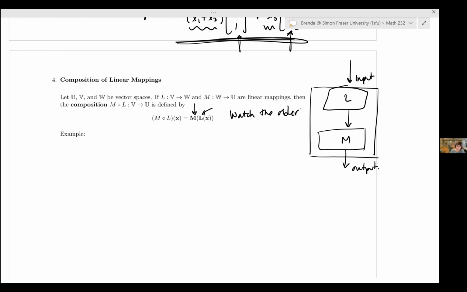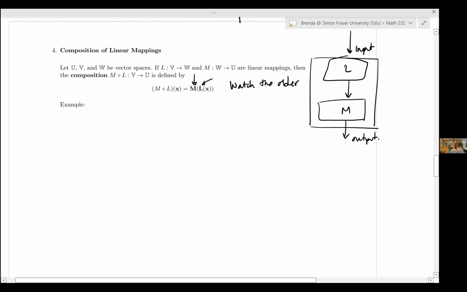Okay, so let's just take a look at this in R2, and let's look at the geometry of this as well. So I'm just going to concoct an example here. I'm going to have one transformation called L. It's going to go from R2 to R2. It's going to be a shear. Then I'm going to have a second transformation M. It is also going to go from R2 to R2.